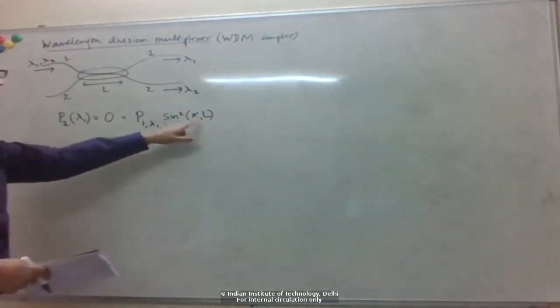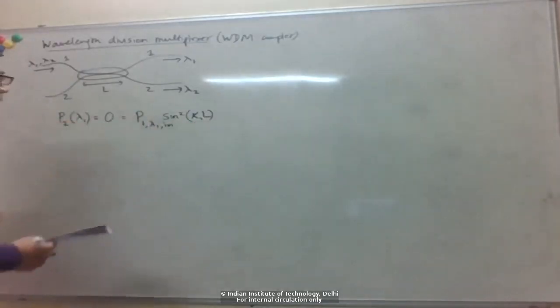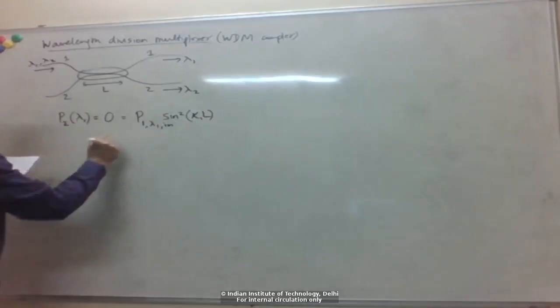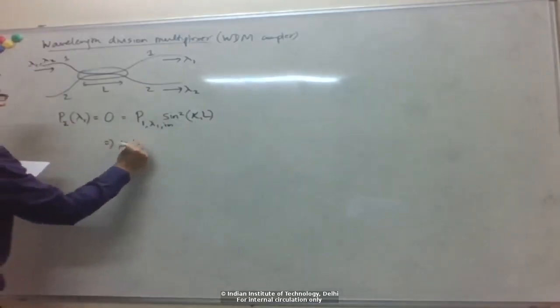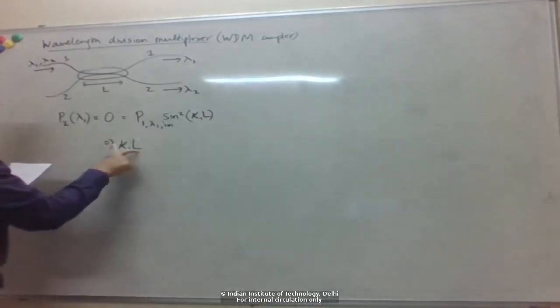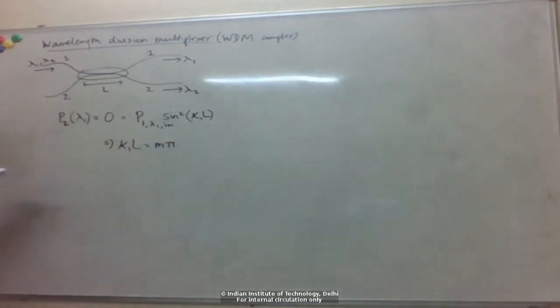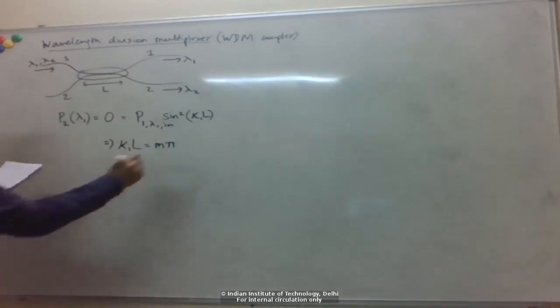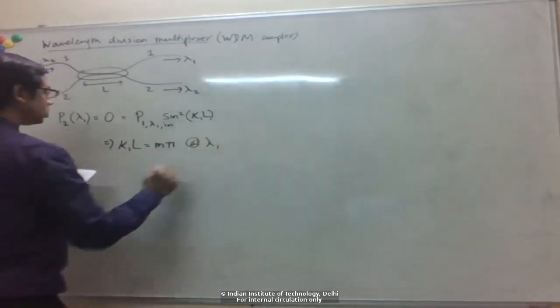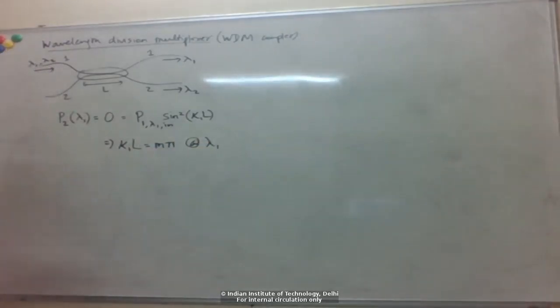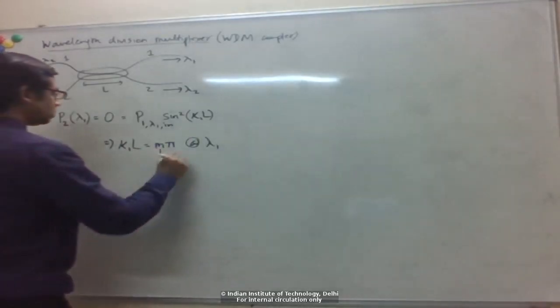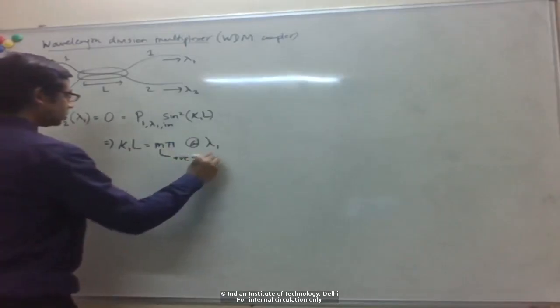So we want this to be 0 for lambda 1. From here you can see that at lambda 1, the coupling coefficient times the length should be some integer multiple of pi, some positive integer.